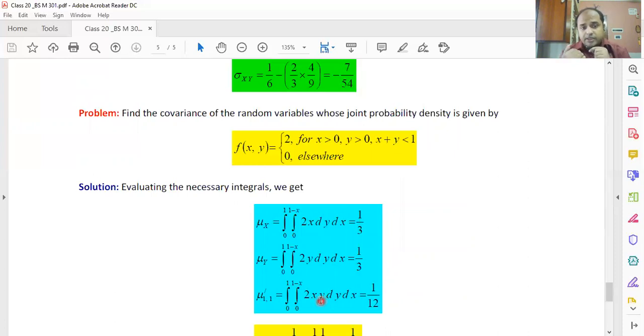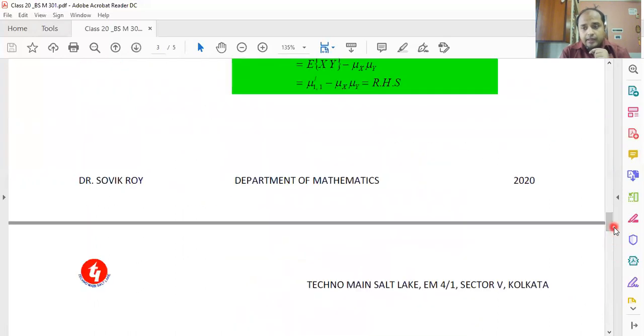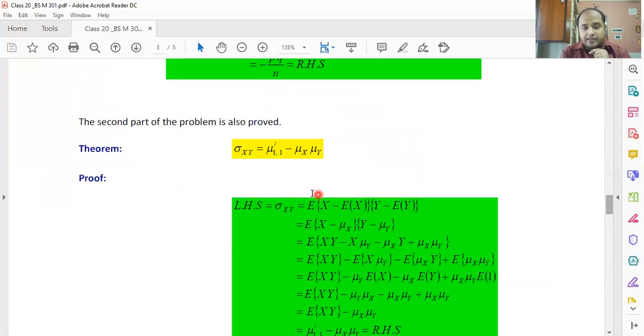So my objective of doing this particular problem was to show you that this result can be considered for any type of random variables, capital X and capital Y, which are either discrete or continuous.